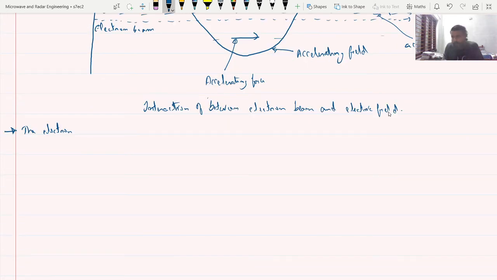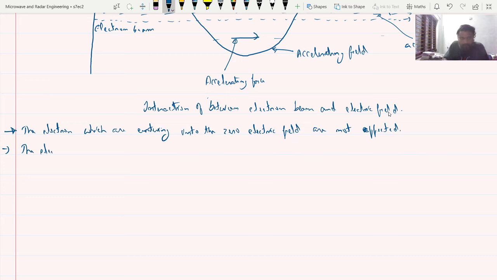The electrons which are entering into the zero electric field are not affected, whereas the electrons entering the retarding field are decelerated.